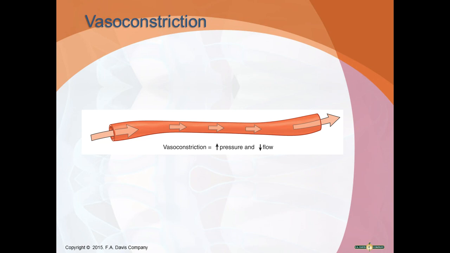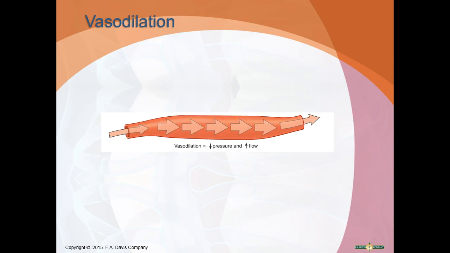So you have vasoconstriction. Vasoconstriction increases resistance, which causes blood pressure to rise and blood flow into tissues to decrease. Vasodilation decreases resistance, blood pressure declines, and blood flow into tissues increases.